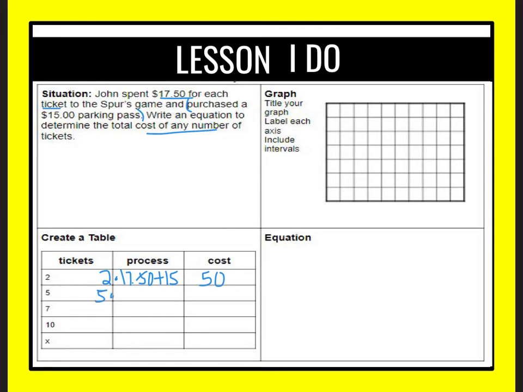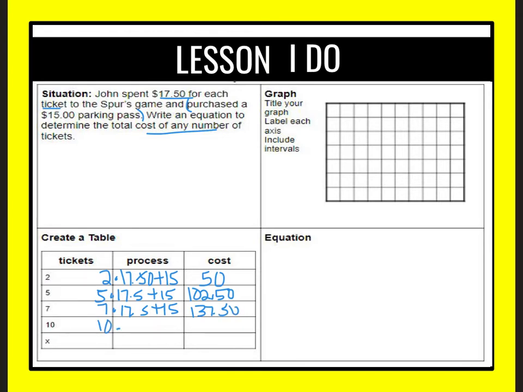I can take my 5 tickets and multiply that by $17.50 and also include my parking pass, and that's going to give me $102.50 and so forth. And if I go on and find 7 tickets, it's going to be the same thing. All right, and that's going to give me $137.50.